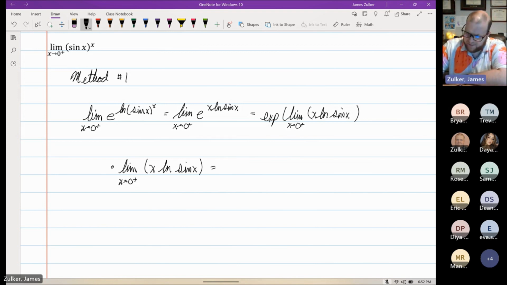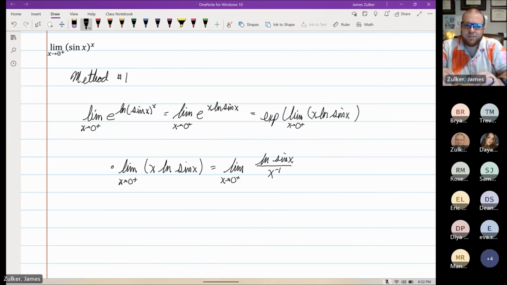And we can write this as natural log sine of x over x inverse.